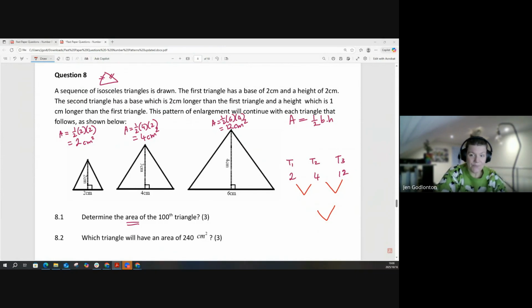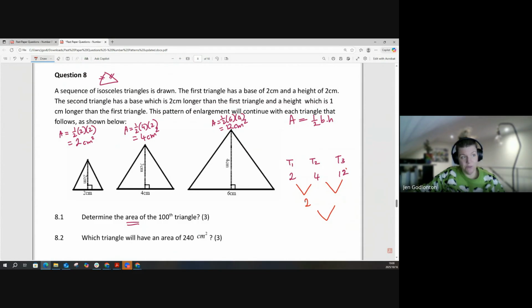Okay. I'm not going to do 8.2 just yet, but for 8.1, for triangle 1, we know the area is 2, triangle 2, the area is 6, triangle 3, the area is 12. Hold on. I feel like I've done something weird.